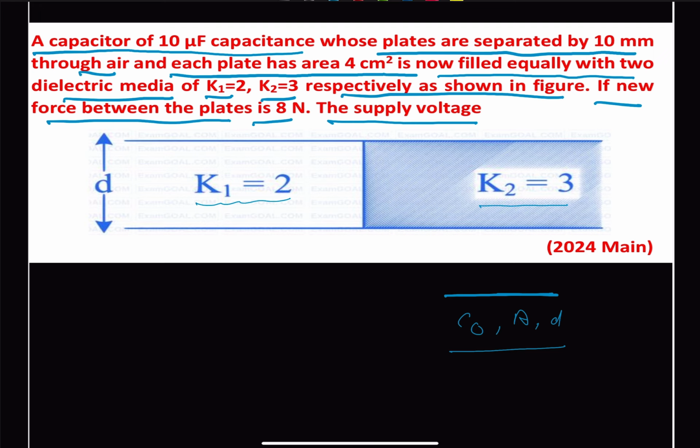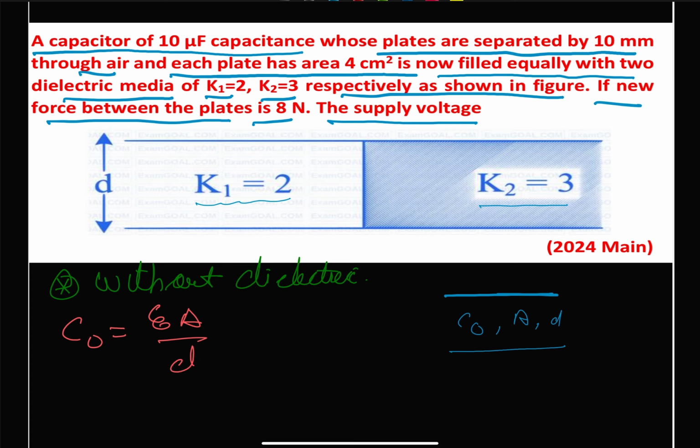So without a dielectric, C0 will be equal to epsilon naught A upon D.